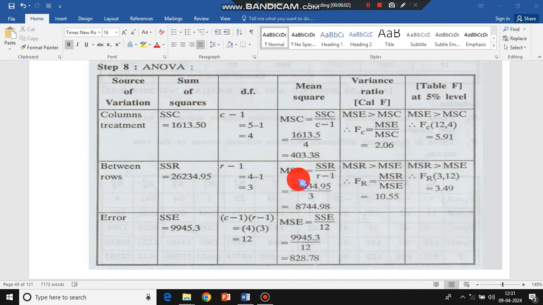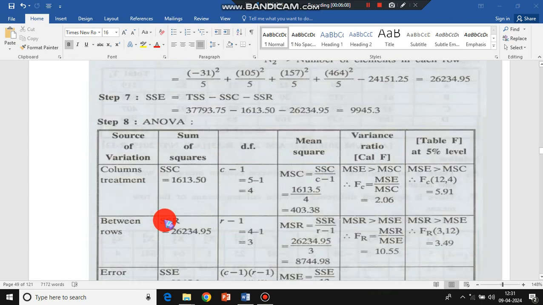Okay, right. Now one more thing we have to calculate, that is SSE. What is SSE? You go back and see there. SSE we have already calculated as 9,945.3. That is the sum of squares error.